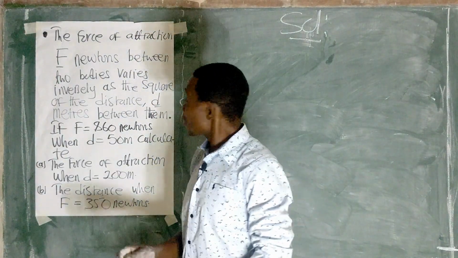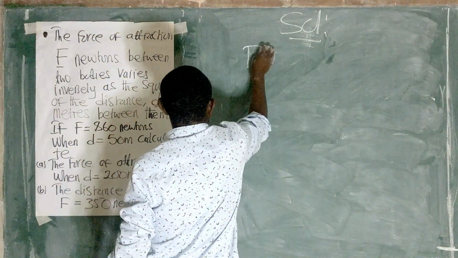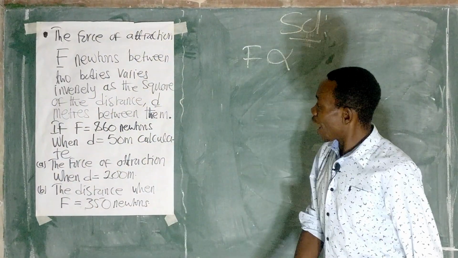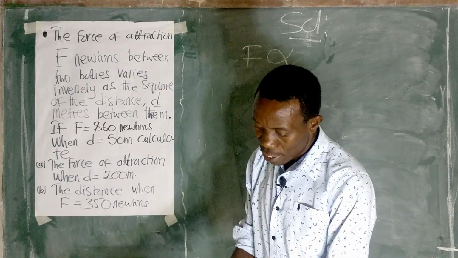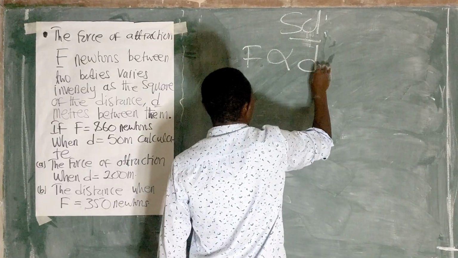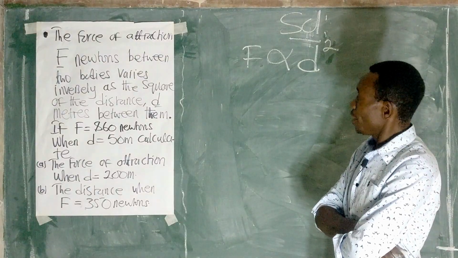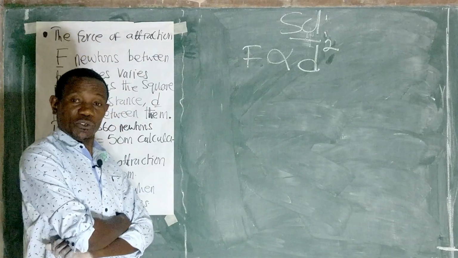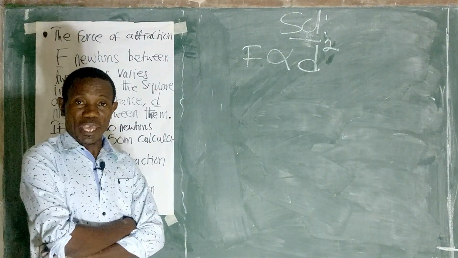Distance. So the statement has to be indicated here, and you write that F varies inversely as the what? Square of the distance. Right, so in this case, we're going to present it like F varies as 1 over the square of d. Then next, you have to come up with the equation of proportionality, where the two quantities are compared.